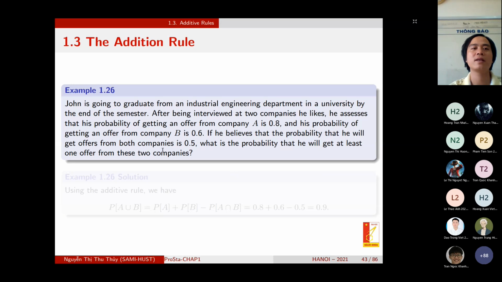So now we consider example 1.26. Anyone who can read out loud the example for us?